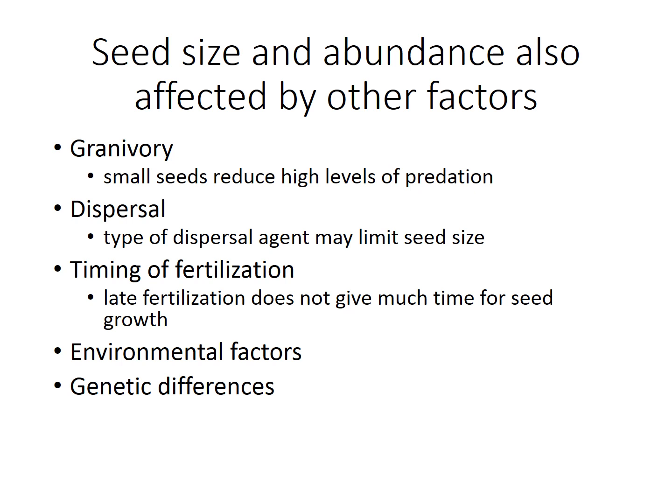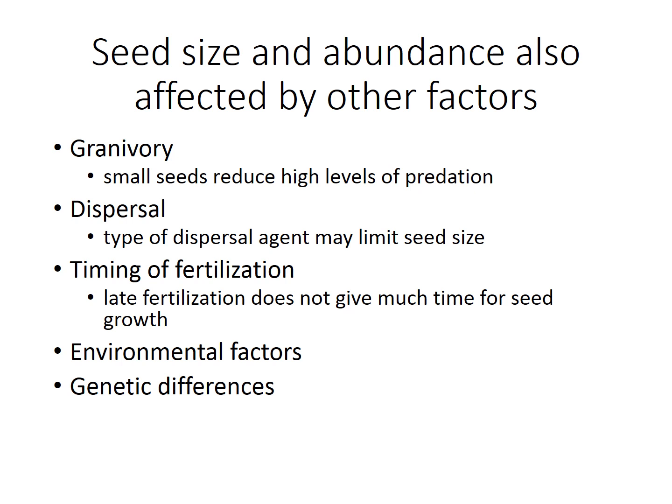There are, of course, many other factors that also affect seed size and abundance. Even if a plant has a lot of resources, it might not always produce the biggest seeds or the most seeds. This is the deviation from the pairwise trade-offs that I mentioned earlier.